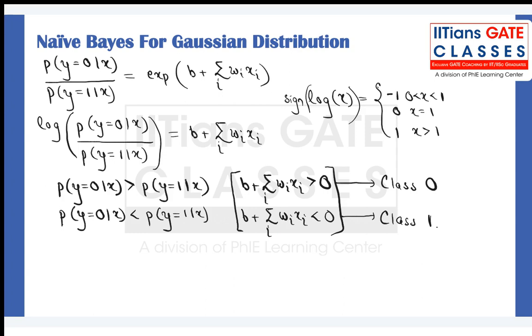So b plus summation of i wi xi forms our decision boundary. And what does this also convey?